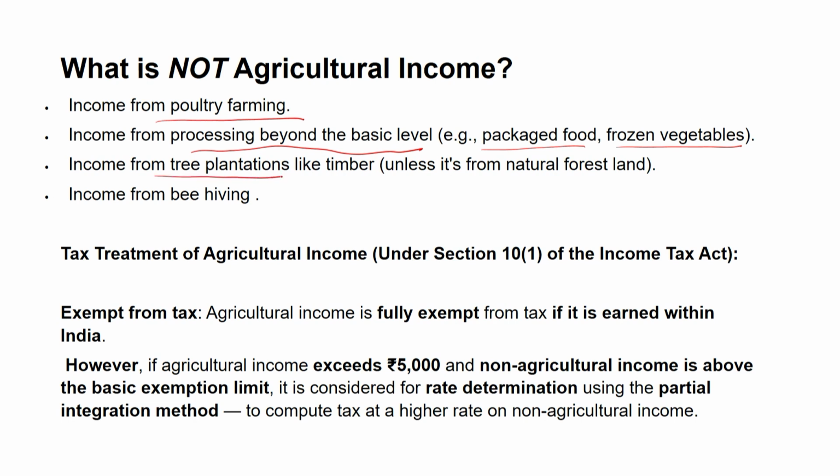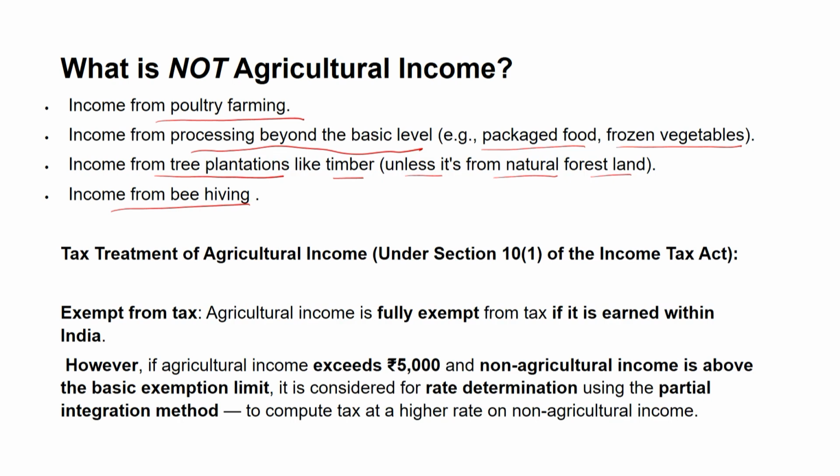Then income from tree plantation like timber may not be included in agricultural income unless it is from natural forest land. Then comes the income from beehiving. If you receive any income from beehiving activities, then it is also not part of agricultural income.